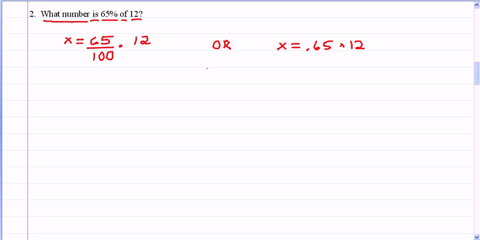So to finish this, we have a choice of which equation we could solve. I'm going to solve the second one because it appears easier. All I have to do is multiply 0.65 times 12.